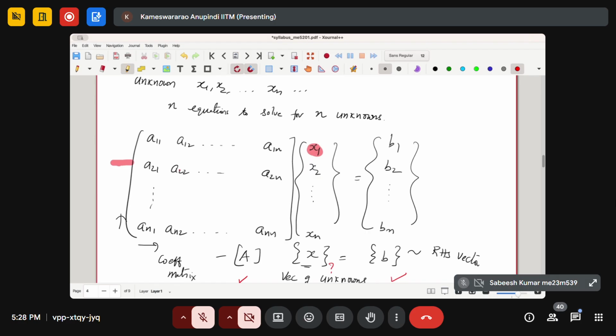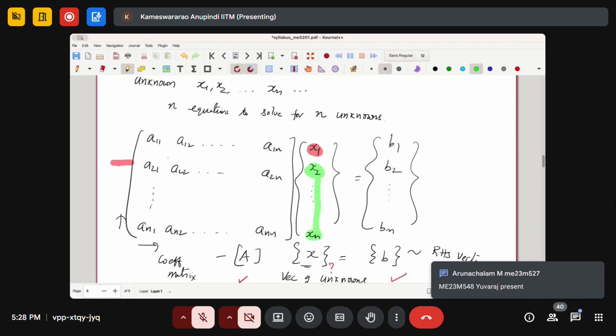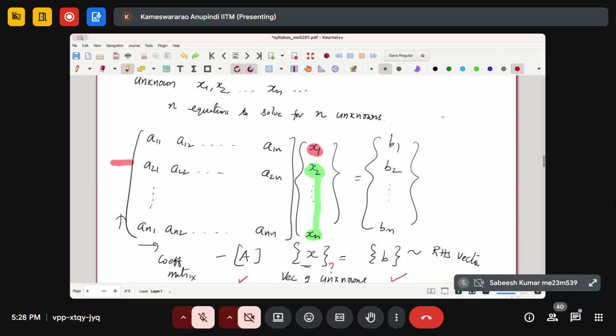That means I want to rewrite this equation such that it is only some factor times x2 plus, and so on, some factor times xn. That means it's going to have dependency on x2 to xn except x1. That means we're going to somehow make this coefficient 0, such that we don't have dependency on x1 in the second equation.